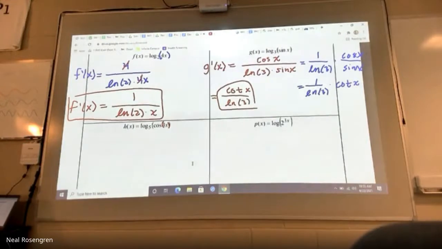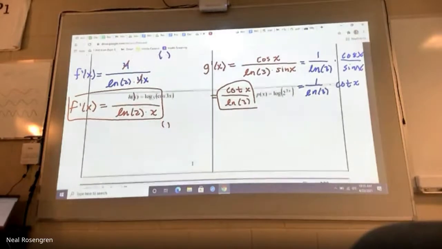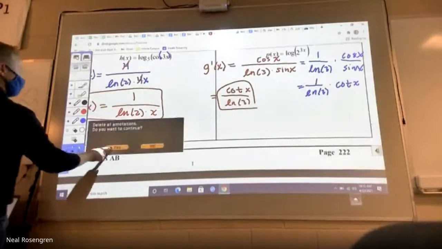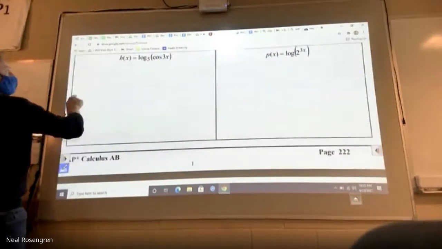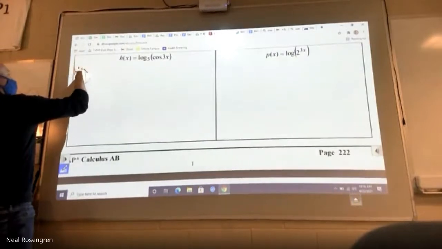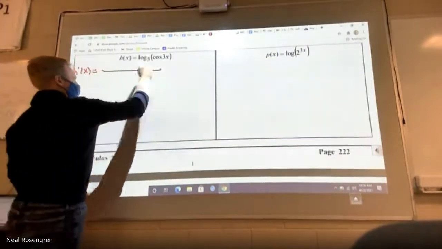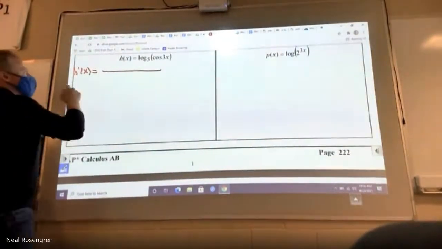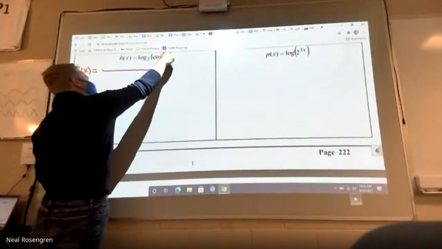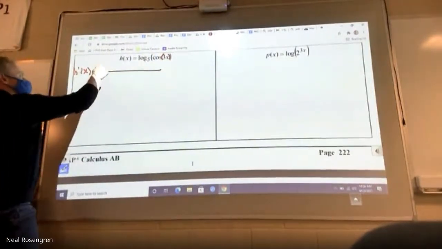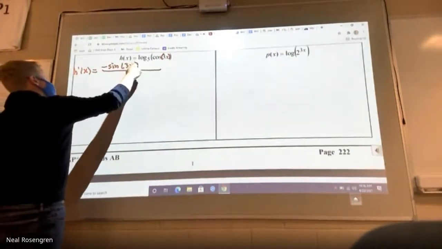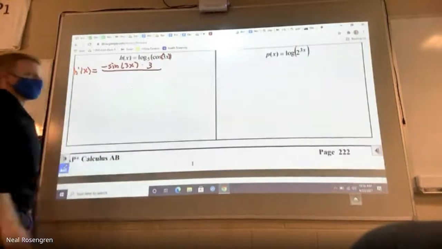I'm going to scroll up so I have a little bit more space, and then we'll get after it. Simplify as much as you can, as best you can. First and foremost, though, this is a logarithm. So my derivative will look like that. Just need the chain rule to do.